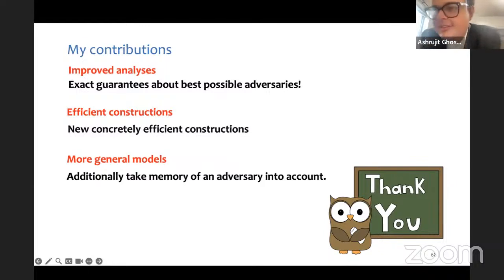So the way that it is studied, at least in the one work that studied it, is in a model very similar to digital signatures.